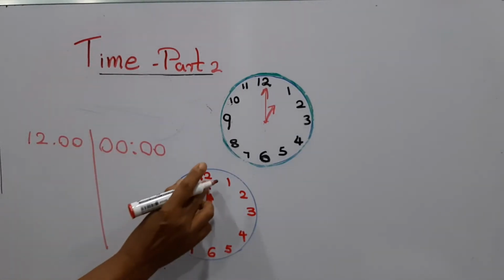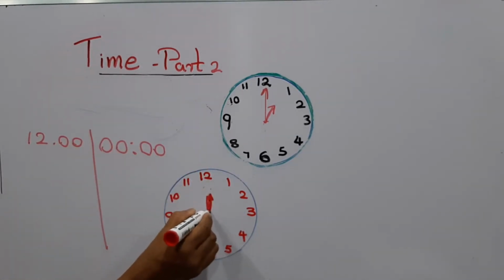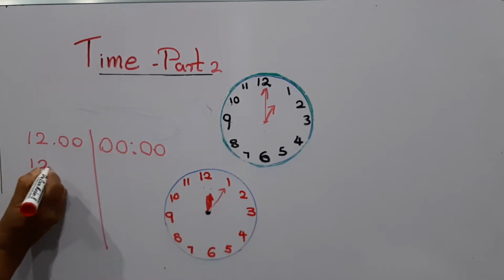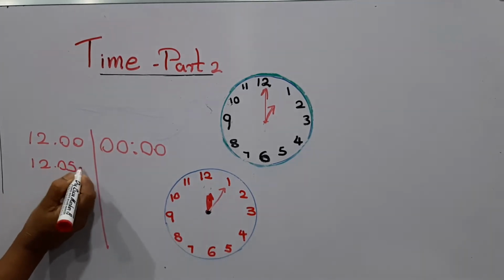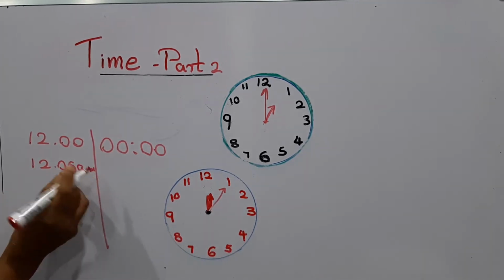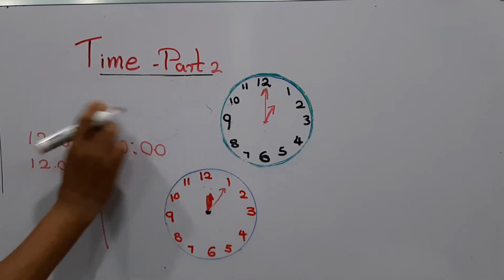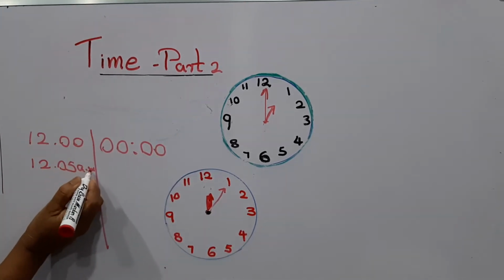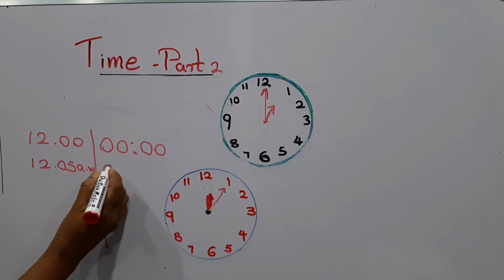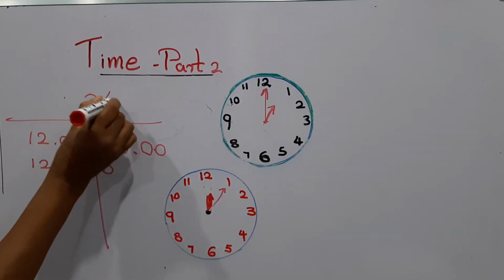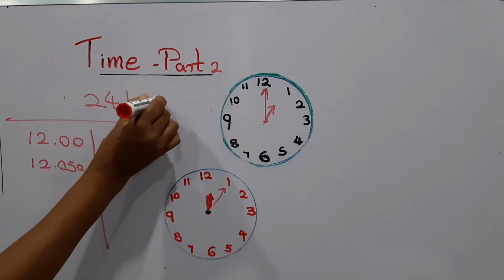Then when the minute hand points towards 1, that is 12:05 a.m. We learned that from midnight till 12 noon in an earlier lesson. We write it as a.m. Then we write the time in 24-hour clock time.